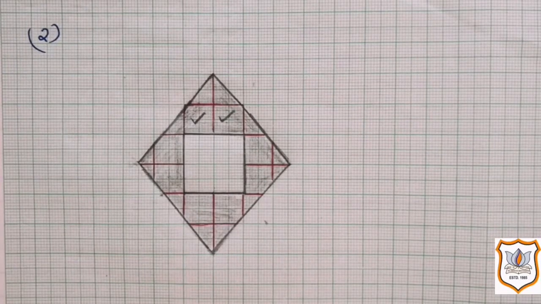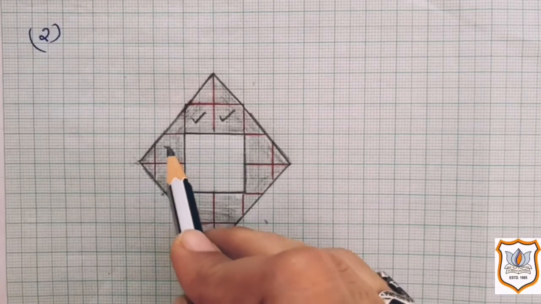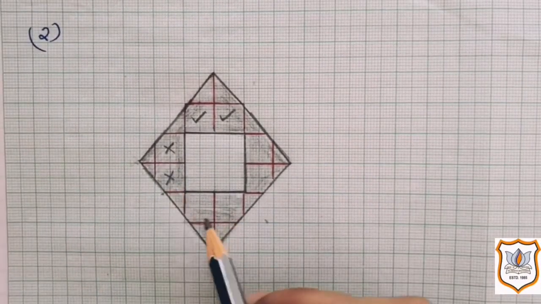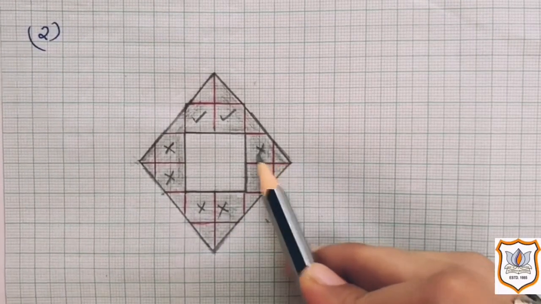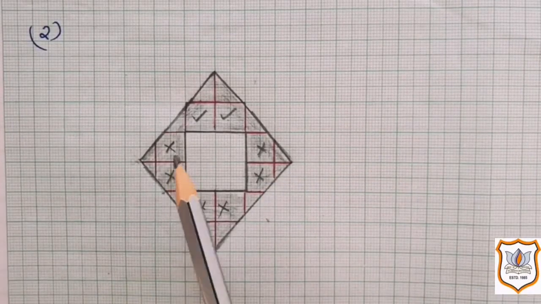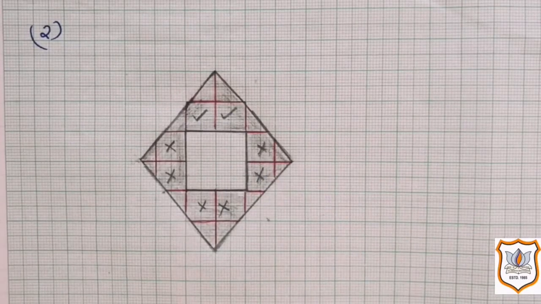We will put a cross on more than half squares. Here you can see this is more than half square. This is also more than half square, this is also more than half square and this is also more than half square. So there are 1, 2, 3, 4, 5 and 6 more than half squares.